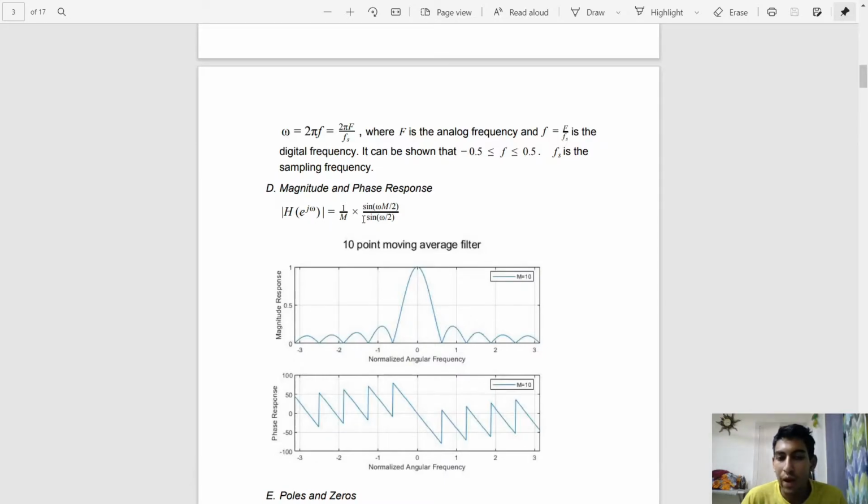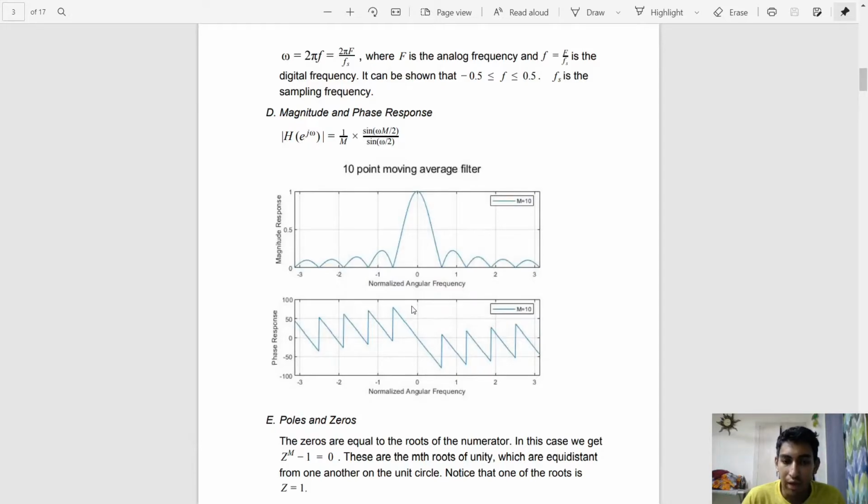Plotting this magnitude in MATLAB and taking the value of m to be 10, we get this nice figure. As you can see, the graph is continuous, and we get a huge lobe at lower frequencies which peaks at 0. It is similar to a sinc waveform.